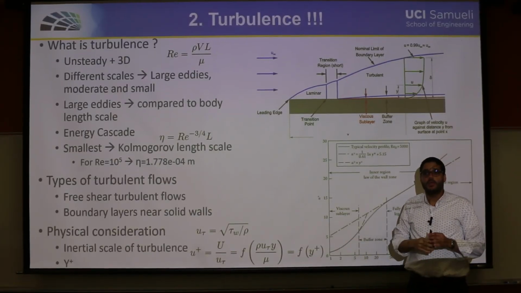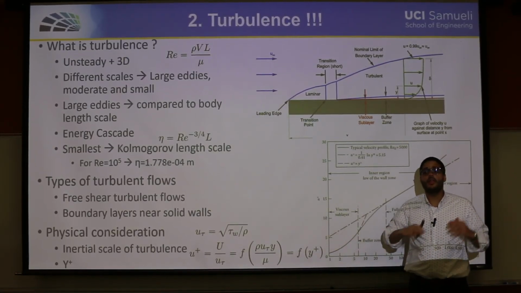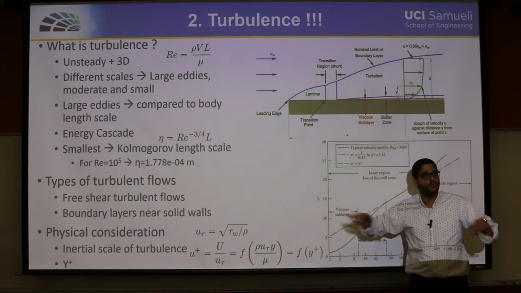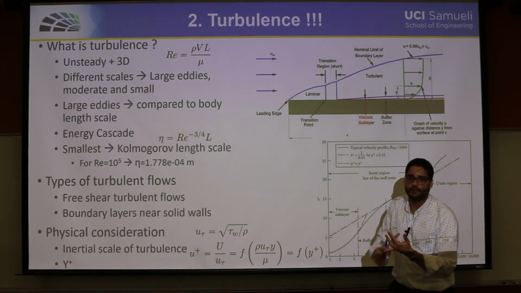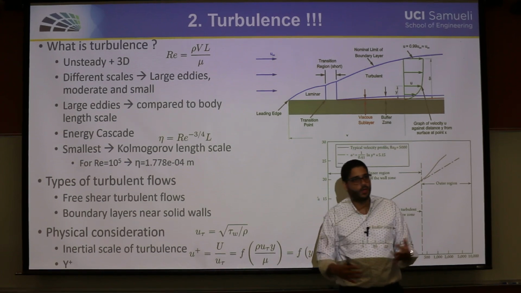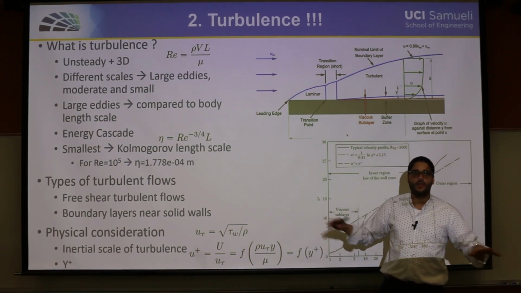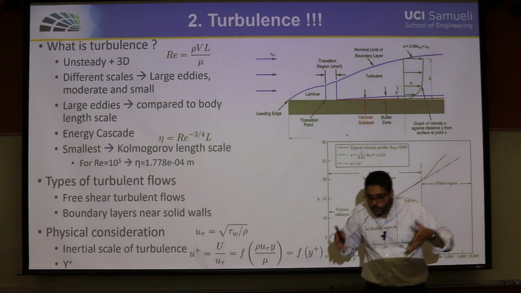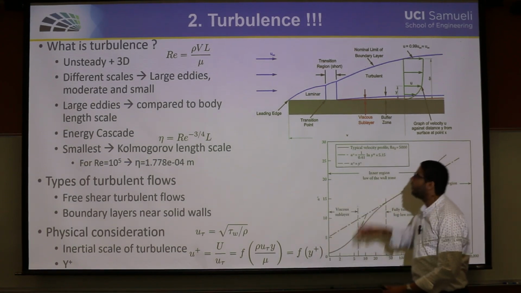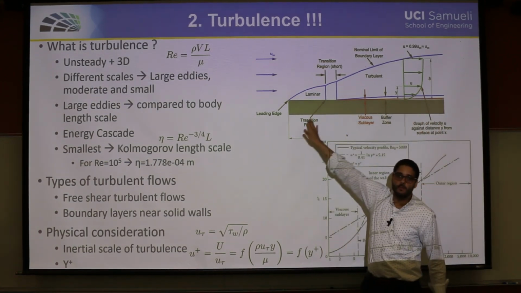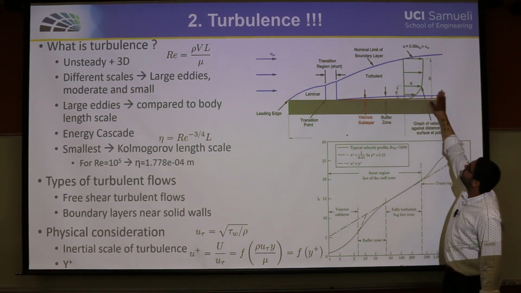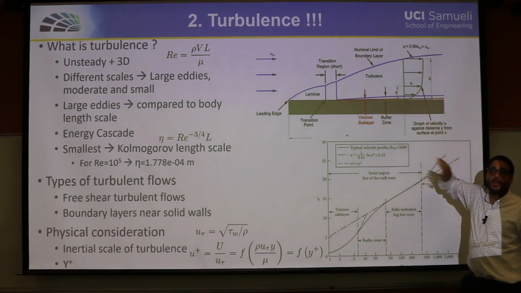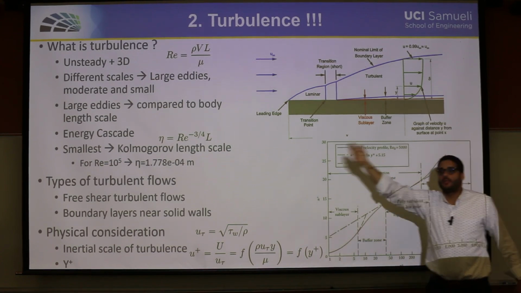It behaves in the same manner in every bounded flow in nature. So no matter what you're trying to solve, airfoil, airplane, cylinder, a car, whatever, if you zoom in until you are near that wall, you will always find that this velocity profile has a universal trend.